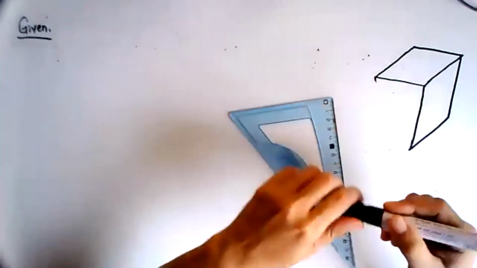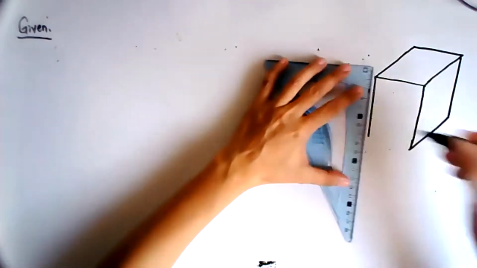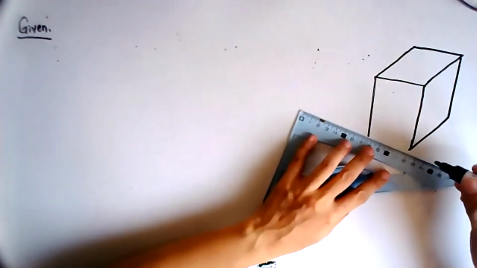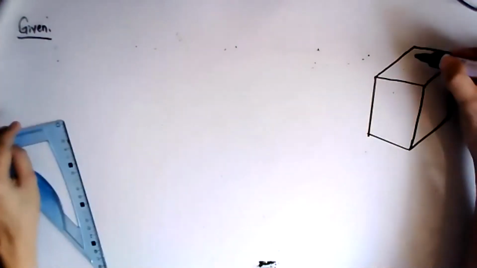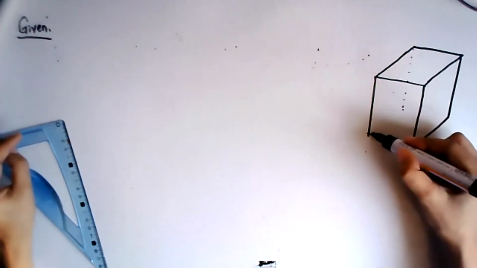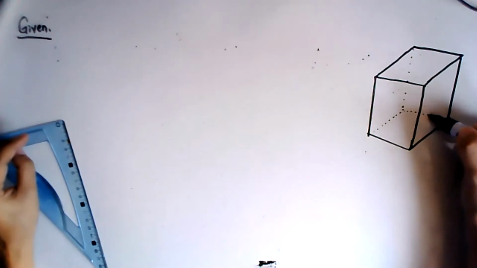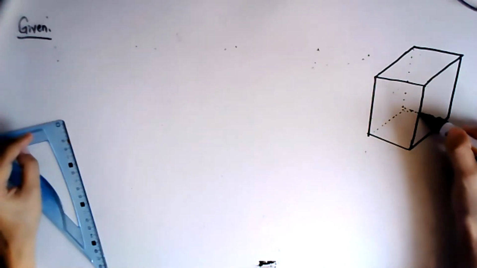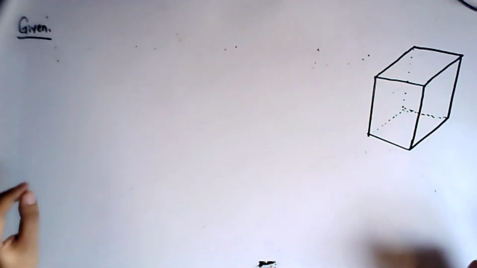Let's just use this so it's straight. Okay. So we have a regular square prism. When we talk about a regular square prism, the base is a square. And how do you describe a square? How do you describe a square?